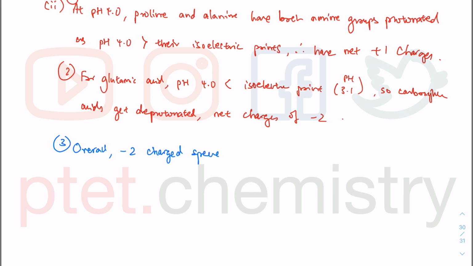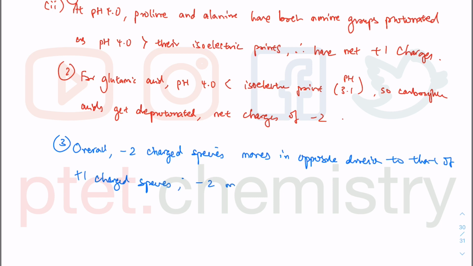species move in the opposite direction to that of +1 charge species. -2 moves further towards the positive terminal.